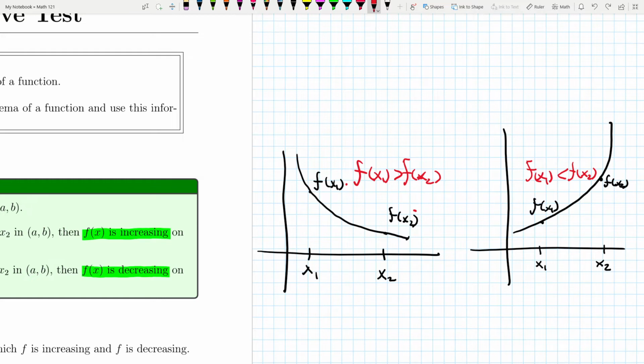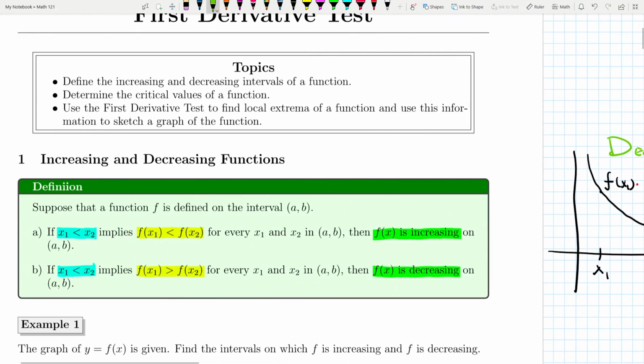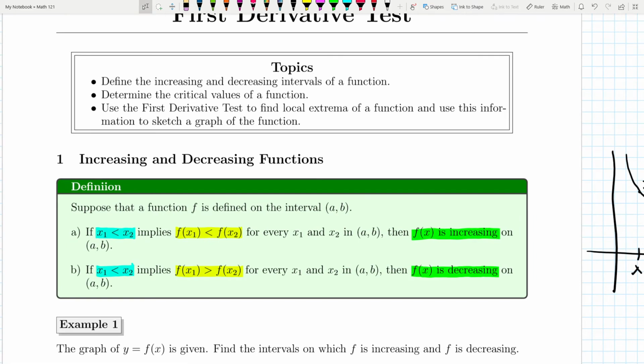So this confirms what we have in the definition: a decreasing function and an increasing function. Okay, that confirms what we have in this definition box.